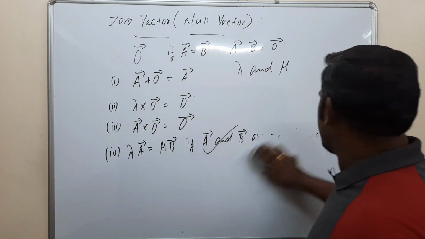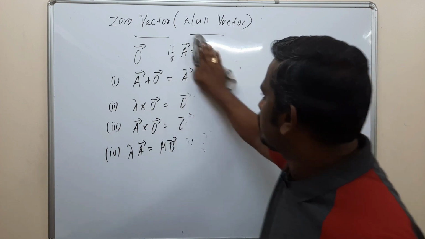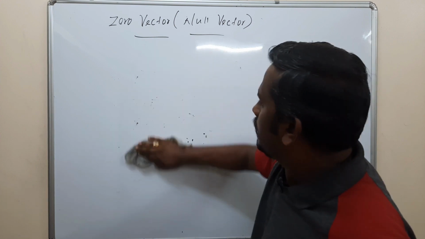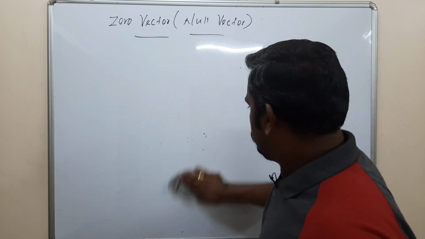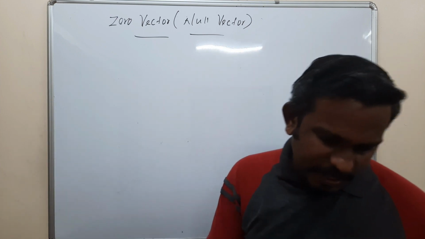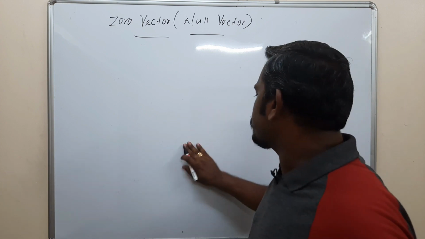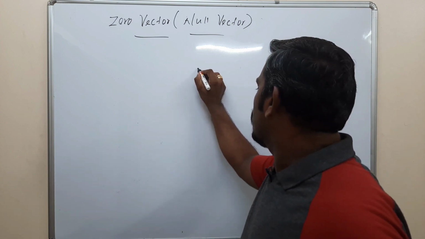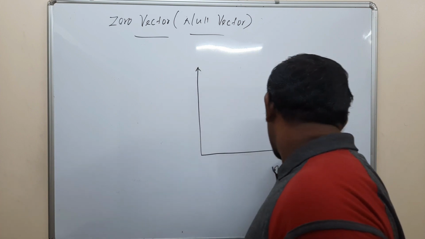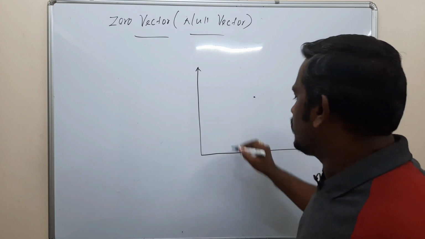Then what are the physical examples of zero vectors? An object is lying at the origin. Suppose an object is at some position. What is the position vector?